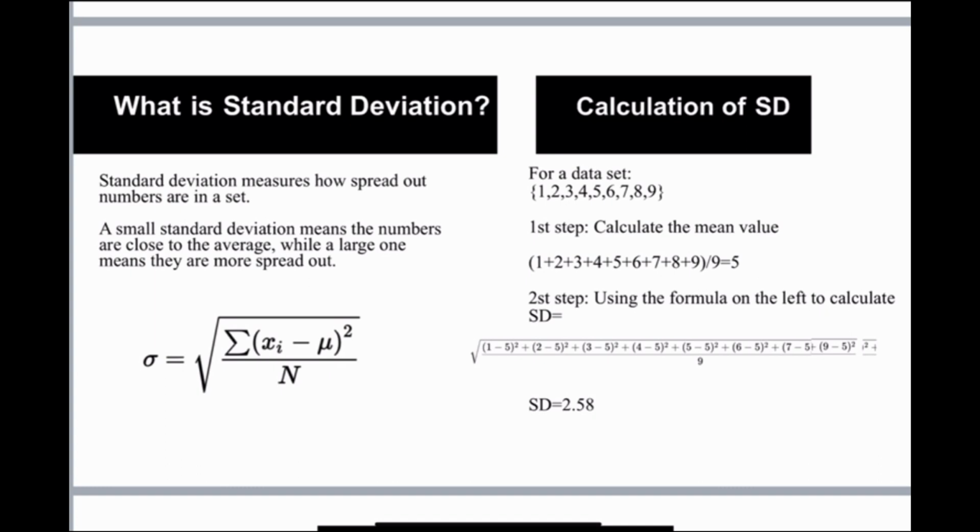For each value of the data in the set, we take the value minus 5, where 5 is the mean: 1 minus 5, 2 minus 5, 3 minus 5, up to 9 minus 5, and divide over the total number, 9. So the standard deviation of this set is 2.58.